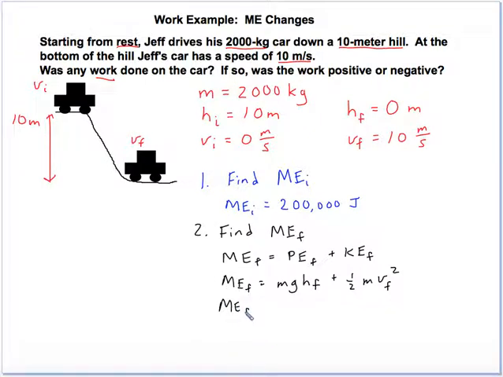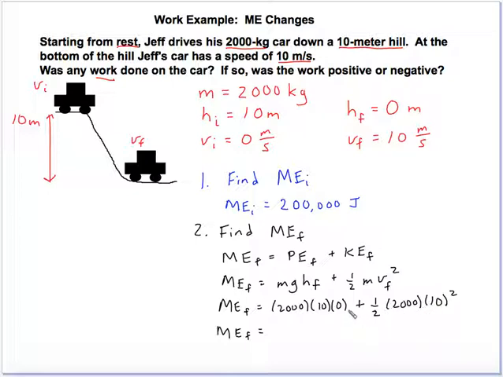Now we plug in our numbers. Mass is 2,000. G is 10 as always. And the final height we have up here says 0. That's great because that's all going to be 0 then. Plus 1/2 times the mass, 2,000, times V final squared. That's 10 squared. And if you plug that into your calculator, 2,000 times 10 times 0, that's all 0, plus 1/2 times 2,000 times 10 squared.